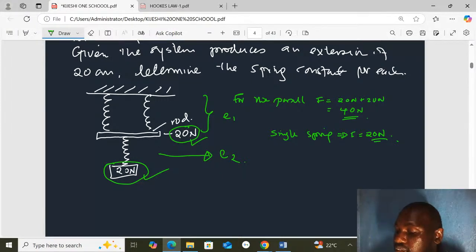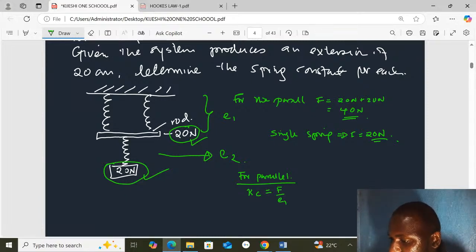Therefore, we'll say that this one will be having a combined spring constant, so that it produces E1. So for the upper part, for parallel, we'll say that combined spring constant will be given by force over E1.